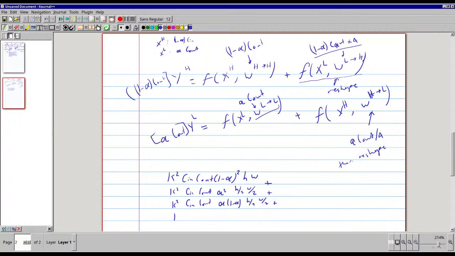Plus K squared Cn C out alpha 1 minus alpha, oh wait, times 4, HW over 4, right?